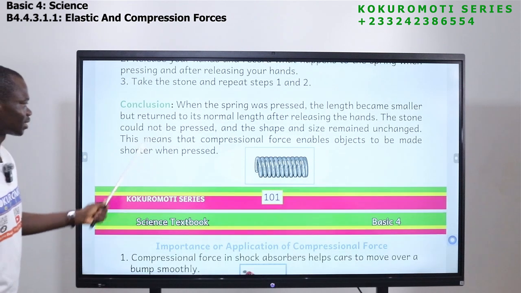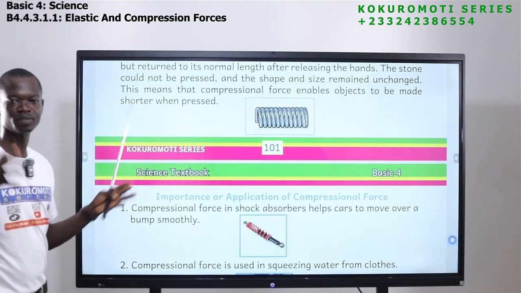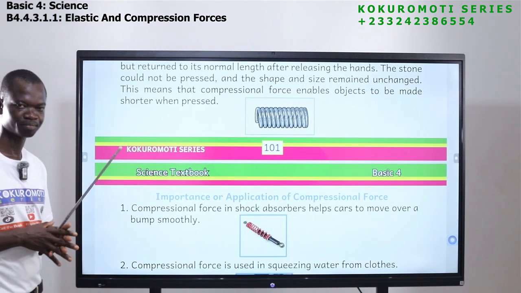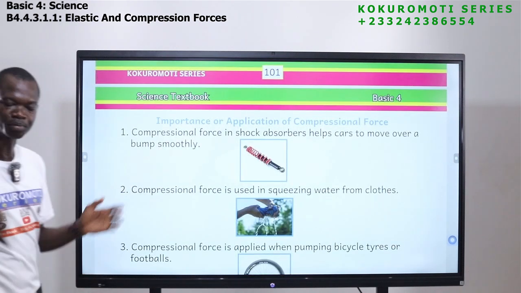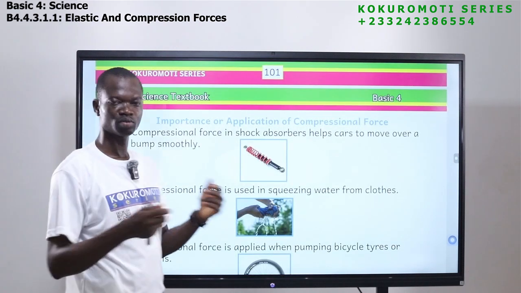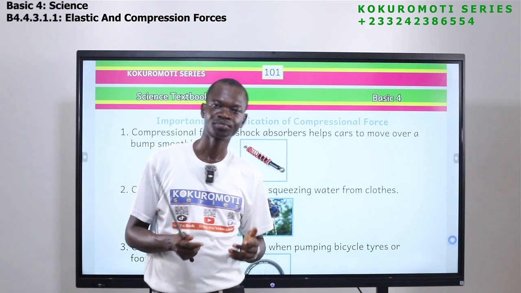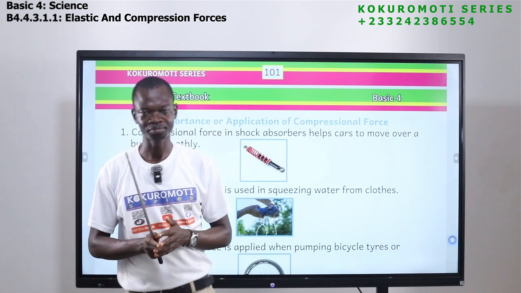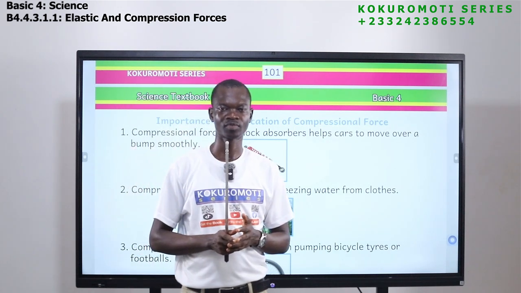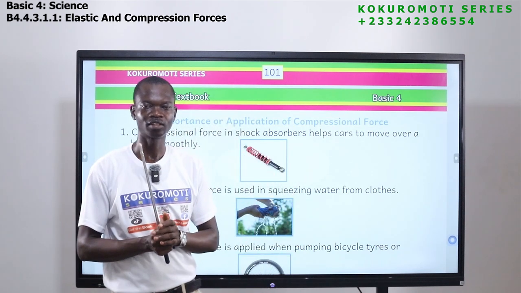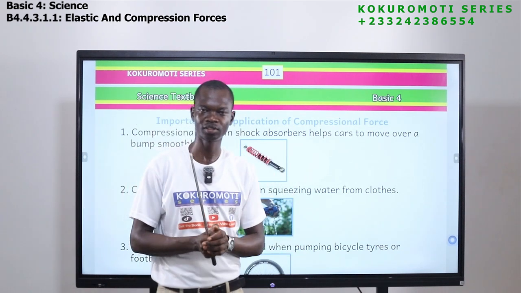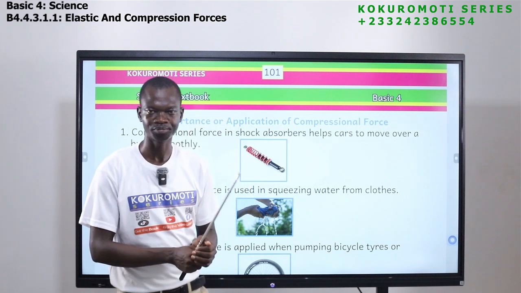Now if you have a stone and you press it, the size will be the same. It will not become shorter. But with a spring, the length will be reduced, or it will become shorter.